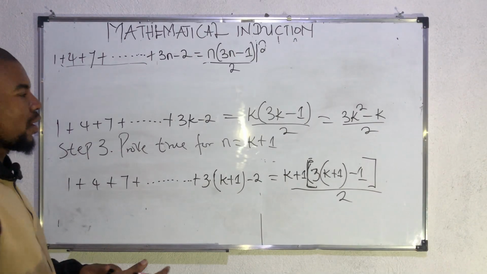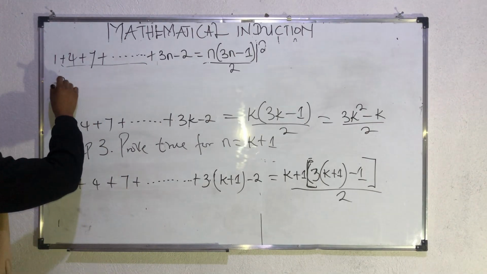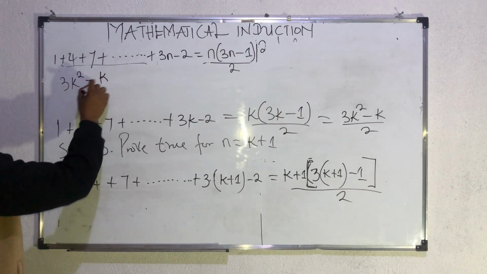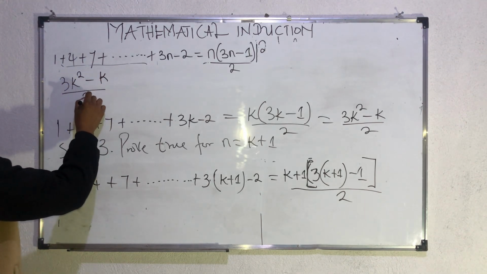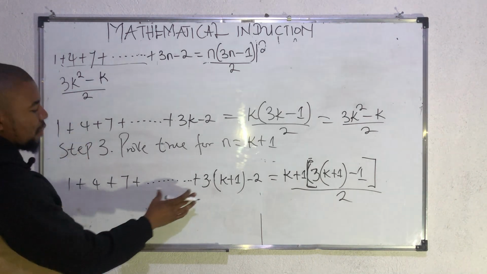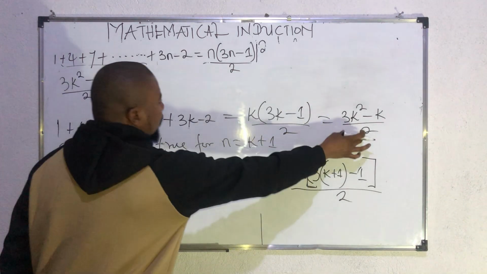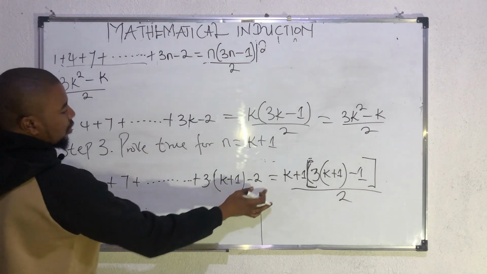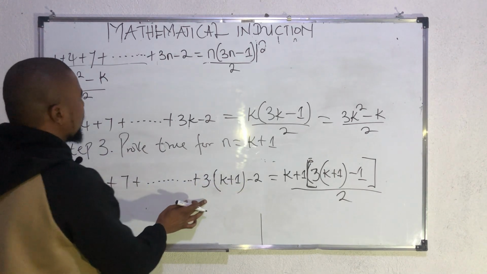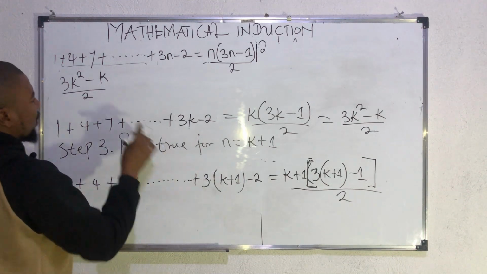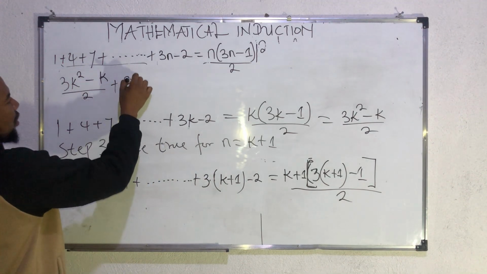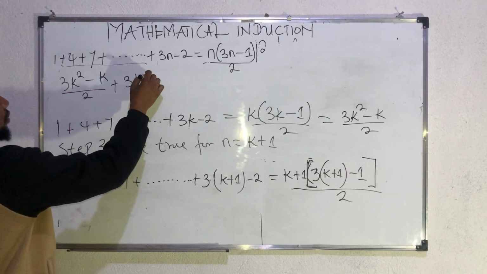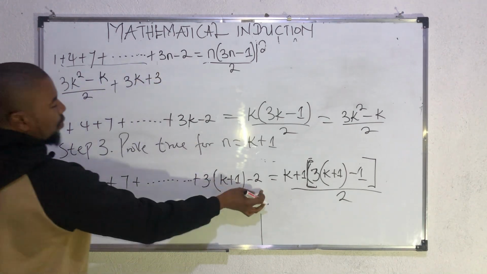Hence, we are going to have 3k squared minus k all over 2. Now, remember that this part is equal to this, which we've just written here. So we're going to include the last term for the left-hand side. 3 multiplied by k gives us a 3k. 3 multiplied by 1 gives us a 3 minus 2.